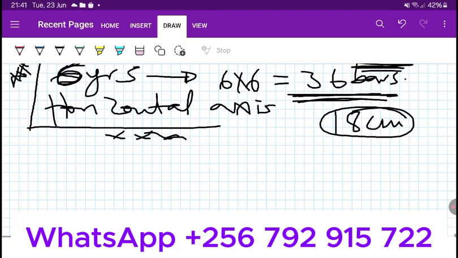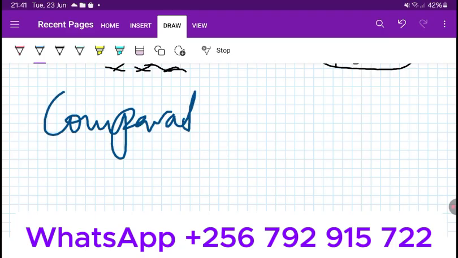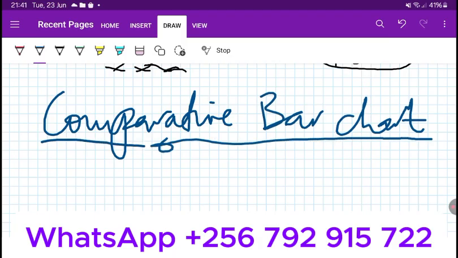That calls for what we call the comparative bar chart. Because for a comparative bar chart, you always do some computations to make sure that these figures fit.